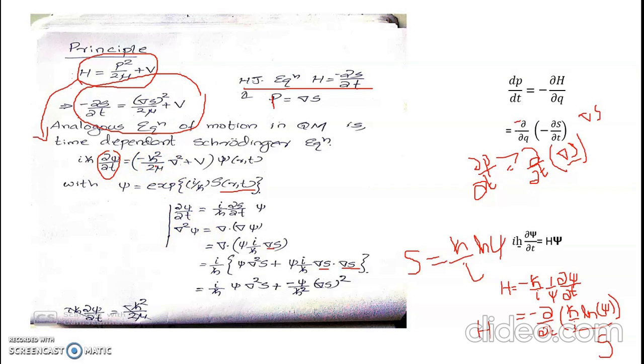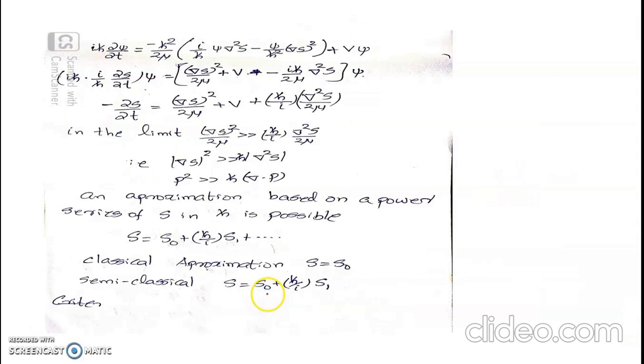We obtain the analogous equation of motion corresponding to this classical equation in terms of action in quantum mechanics. That is, i h cross dou psi by dou t equals minus h bar square by 2 mu del square psi, which is written here, plus v psi. i h cross into dou psi by dou t is i by h cross dou S by dou t into psi.